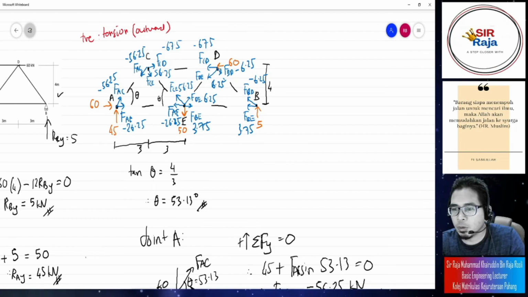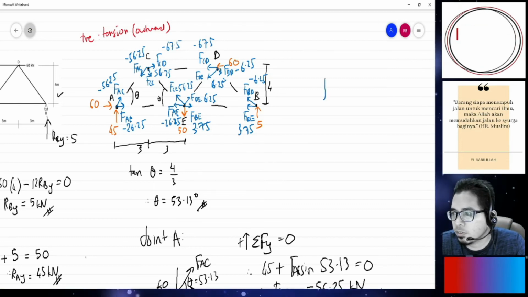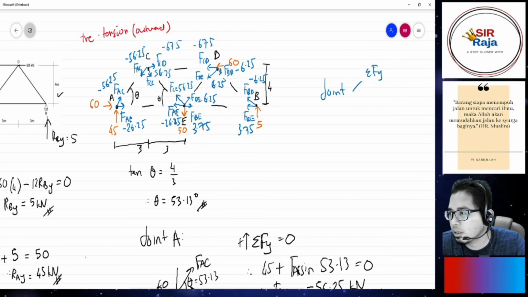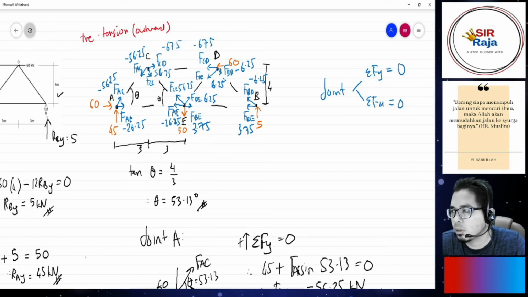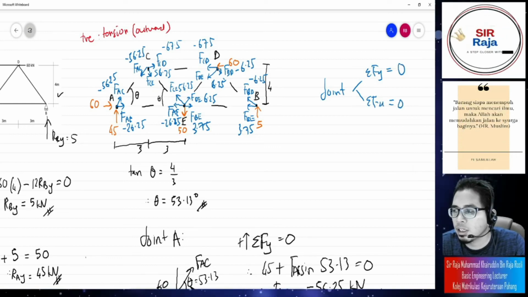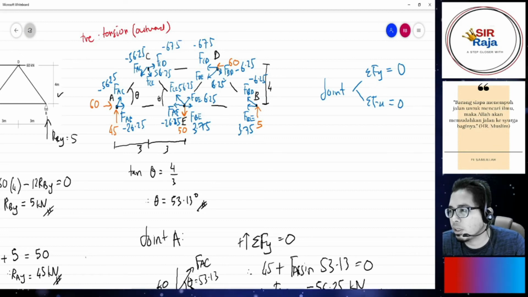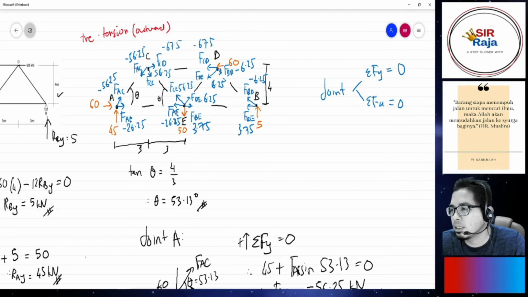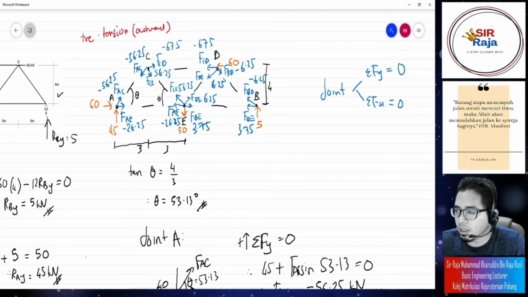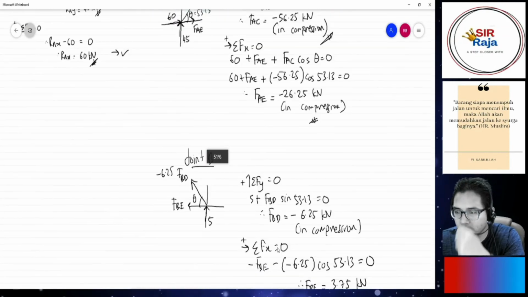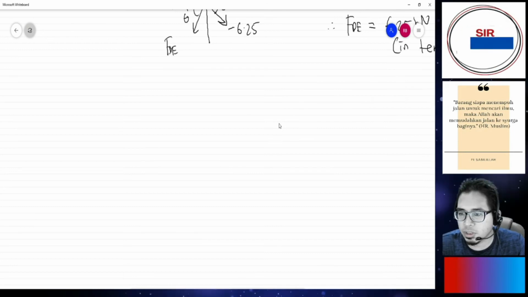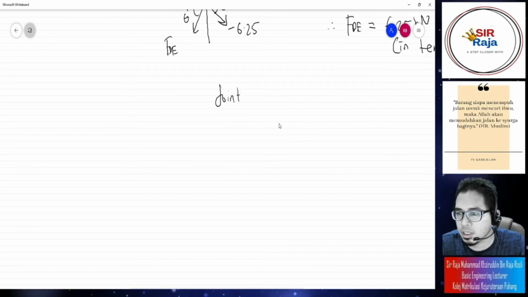So what we're going to check is whether total Fy and total Fx are really equal to 0. Of course we're going to have y components here. We really want to check whether we get 0 or not. If we get 0 or a value really close to 0, then our answer can be said to be correct, and we can be very confident with our answer. Alright class, so joint E to check. We're just going to use joint E.